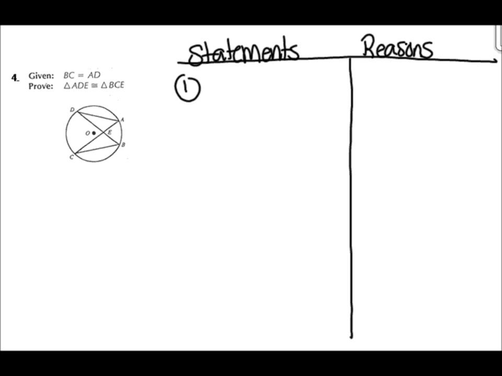And we are given that BC is congruent to AD. And again, I'm going to put those line segments above it. And that's your given information. So let's go ahead and mark those. Those are some chords.